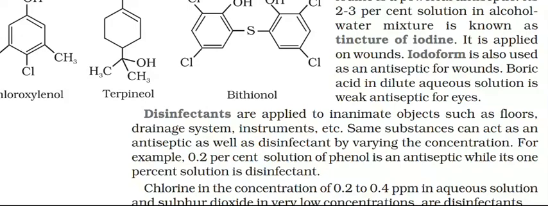So that means the same substance can act as antiseptic as well as the disinfectant. It will be antiseptic if it is taken in low concentration. It will be disinfecting when it is taken in excess concentration.